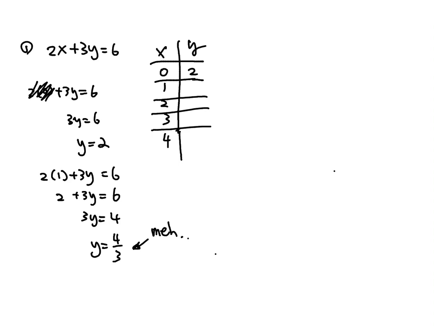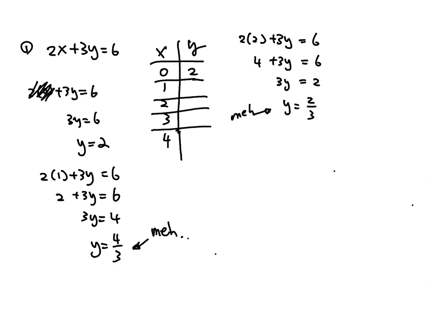Graphing fractions is kind of a pain, so not as nice. Let's try a different number. x equal to 2. So you get 4 plus 3y equals 6. This time you get 3y equals 2, and y is 2/3. Still kind of meh, right? Because again we still have fractions.